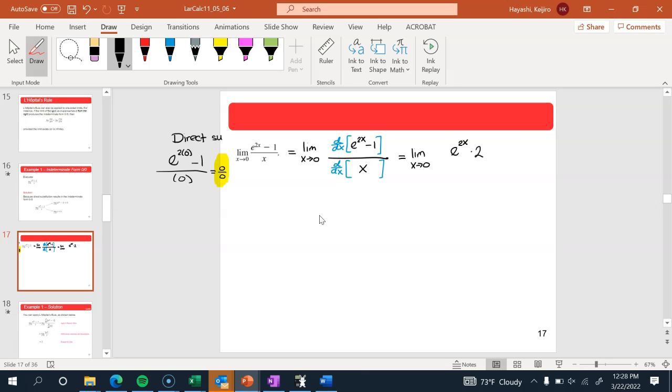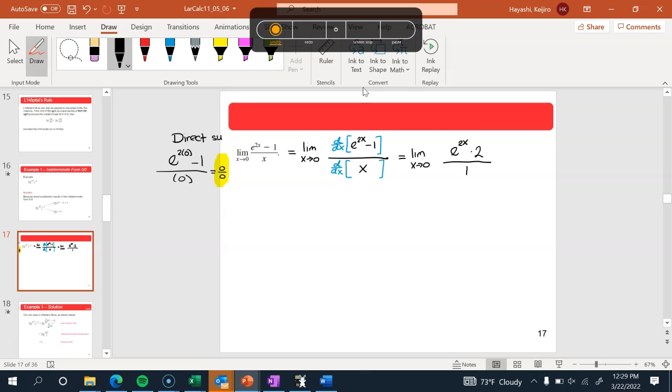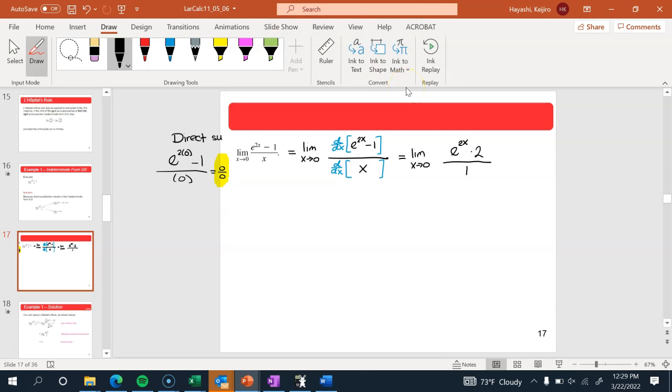And the derivative of minus 1 is nothing, so that doesn't even appear. And so, if you want to, you can say it's 2e to the 2x. Okay, and the derivative of the bottom here, the derivative of x, is just 1. So you have applied L'Hopital's rule once.